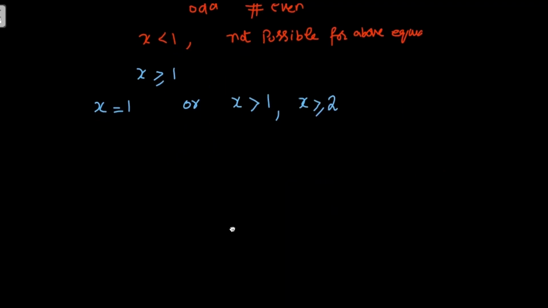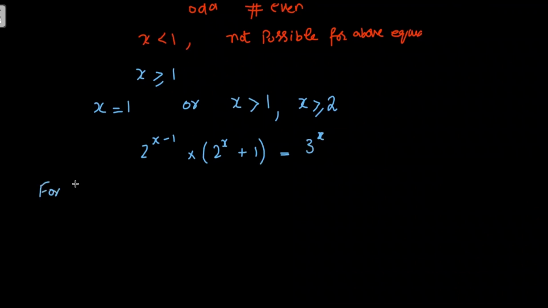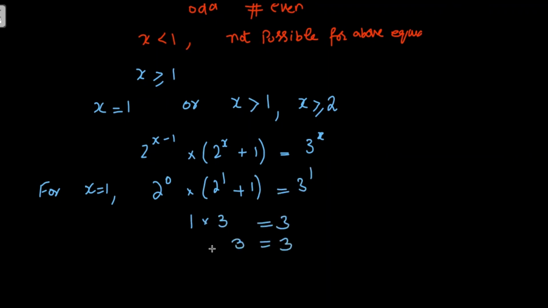Now firstly we check x equal to 1. The equation we have is (2 power x minus 1) into (2 power x plus 1) equal to 3 power x. Now we put the value x equal to 1. For x equal to 1, we get 2 power 1 minus 1 is 1, and 2 power 1 plus 1 is 3, that's equal to 3 power 1. We check it, that is 1 into 3 equal to 3, and 3 is equal to 3.